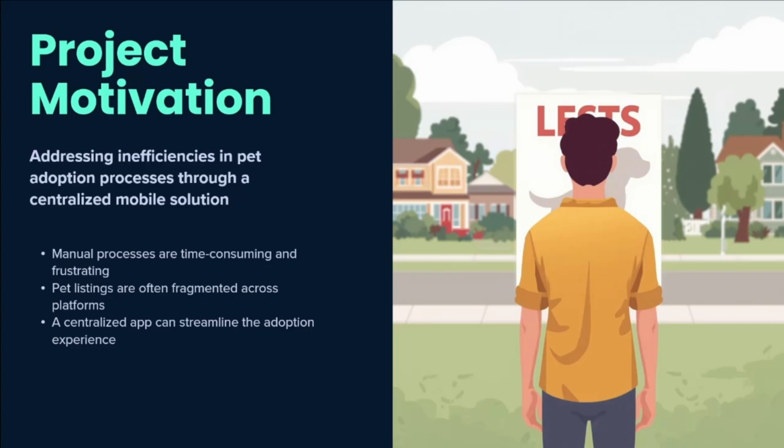I stayed in touch with them and discussed how technology could improve their workflow and simplify adoption for users. That is when I proposed the idea for building a mobile application where pet lovers could be centralized in one secure and accessible platform. This real life experience strongly influenced the direction and functionality of the application.